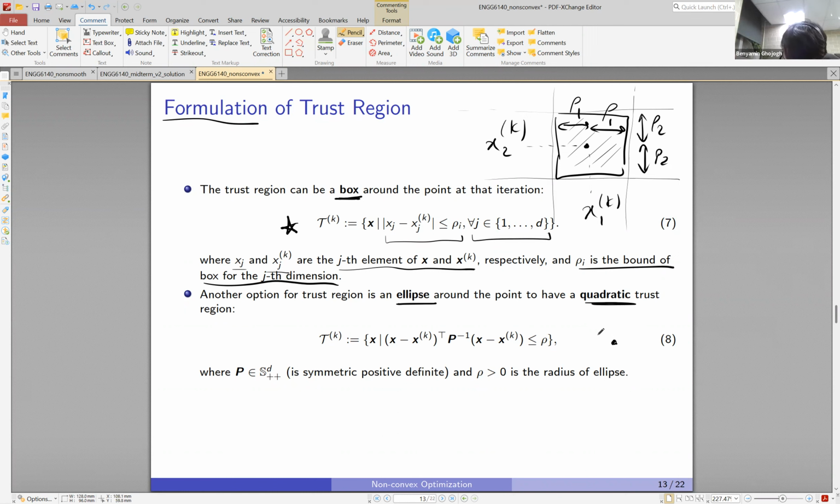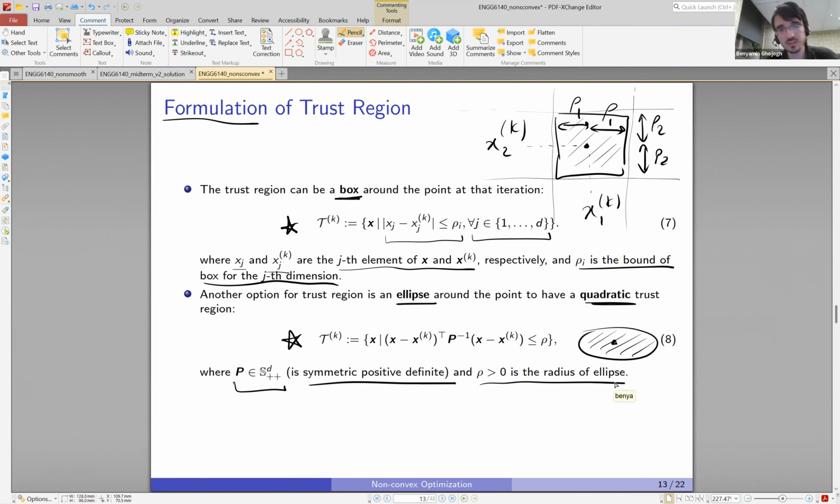If you consider rho to be the same for all dimensions, then it will be like a sphere, or as we are also considering the inside of it, it will be a ball, right? But anyways, it's either an ellipse or a ball around the point xk. So the trust region can be a hypercube, ellipse, or ball. And this P is also symmetric positive definite because it's showing an ellipse, and rho is the radius of the ellipse.